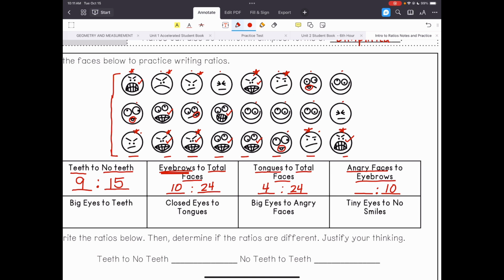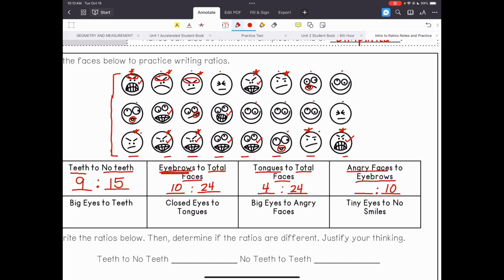Now, in years past, some kids have debated which ones are the angry faces. I always tell them to look at the eyebrows, because when the eyebrows are a certain way, that's usually telling me how many angry faces there are. So let's see if we can do this. I'm going to circle the eyebrows. So 1, 2, 3.